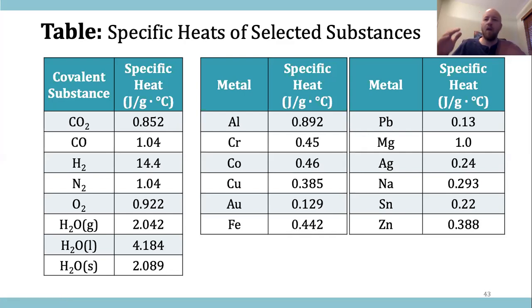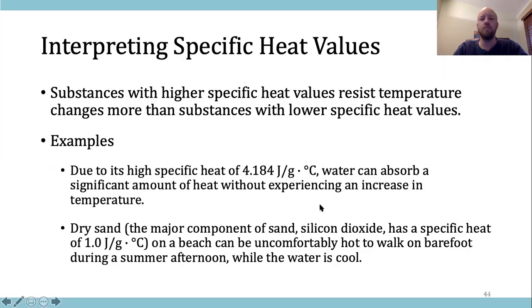If I apply the same amount of energy to all of these, the smallest value, in this case the gold, would have its temperature raised a huge amount. So it's about how much energy is required to raise its temperature. If it's a very small number, it takes very little energy to raise its temperature.